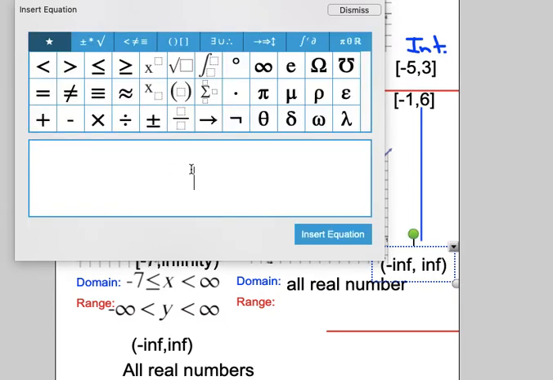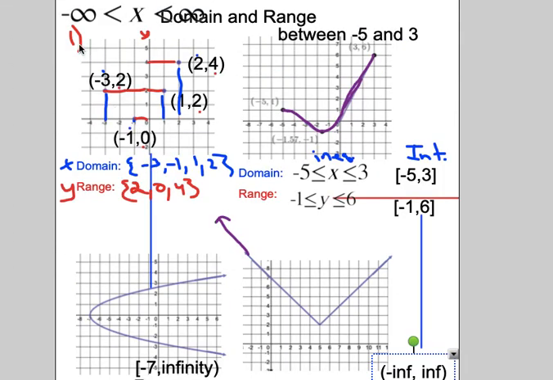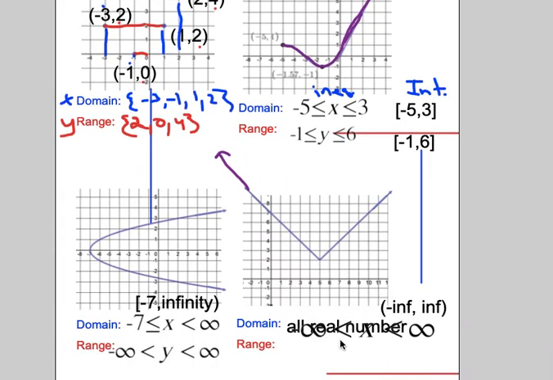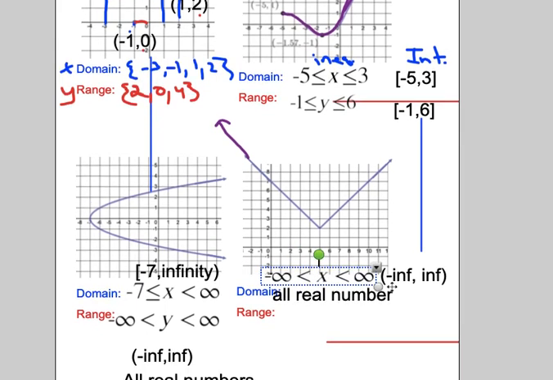If you wanted to do it in an equation, it's negative infinity is less than x is less than positive infinity. So all three of those are representatives of that graph's domain.